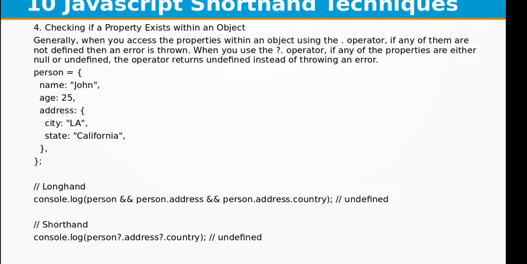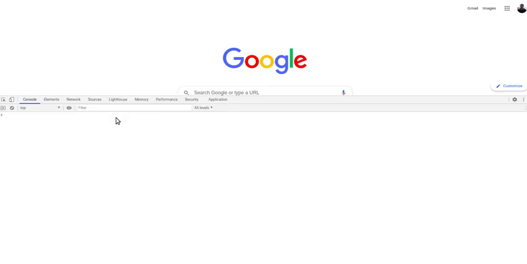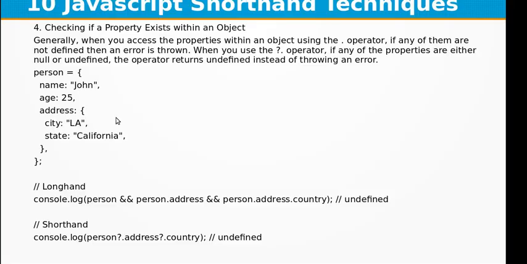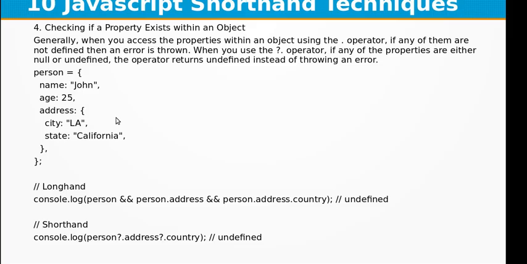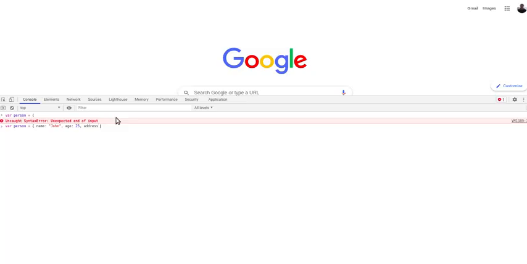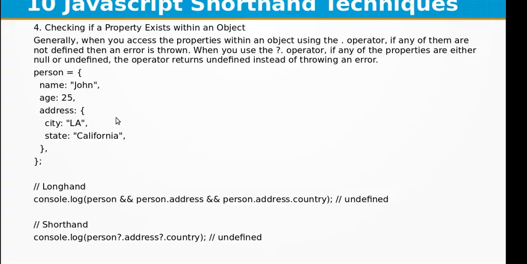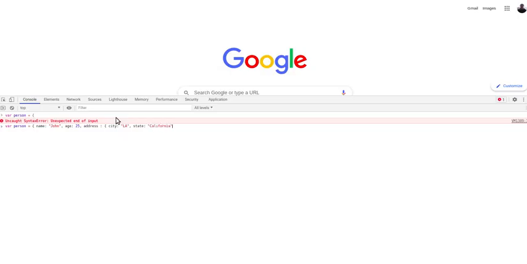So let's define an object person equals name colon John, age colon 25, address colon city colon LA, state colon California.